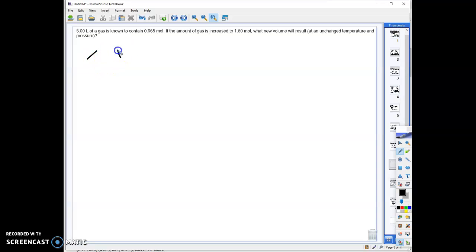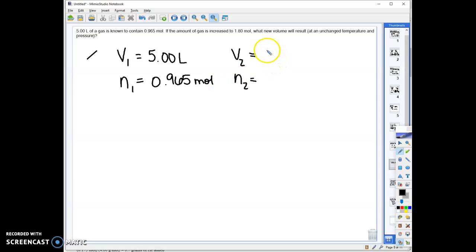So I'm going to write down my known values for my variables. My initial volume is 5.00 liters, and I have 0.965 moles of that. And we want to know the new volume. That's what they're asking for. And I have 1.80 moles of gas now.